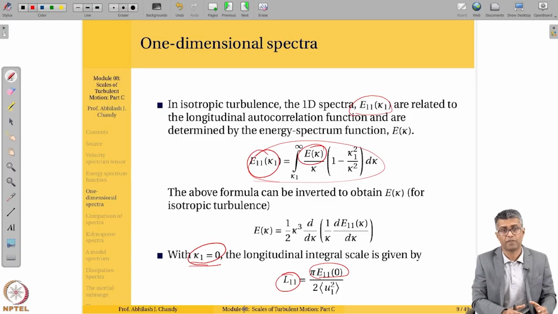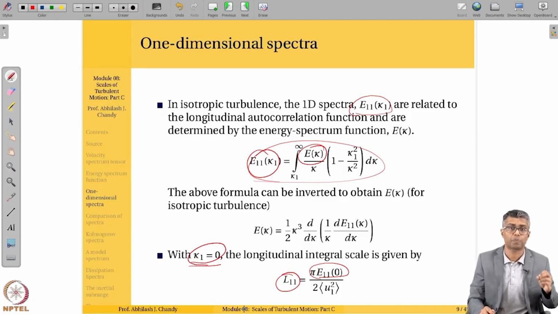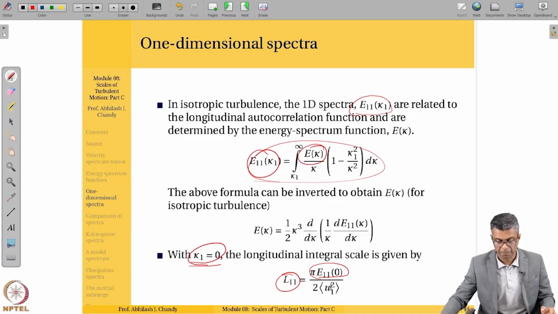So the lowest wave number naturally would be associated with the largest length scale, which is your integral length scale. Since we are using the longitudinal 1D spectra, we would get the longitudinal integral length scale. So L11 is pi E11 of 0 divided by 2 U1 squared average.